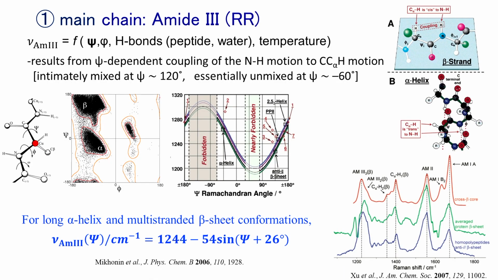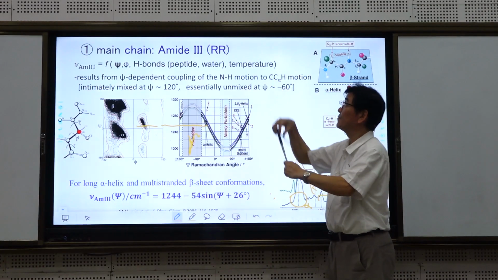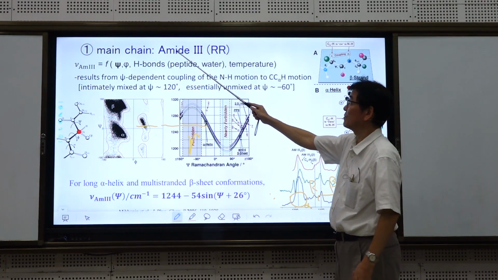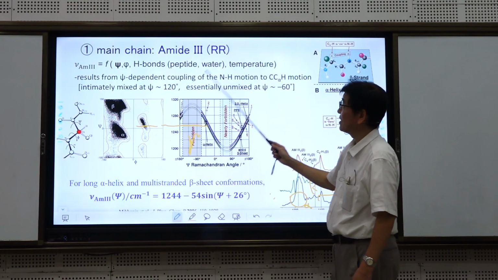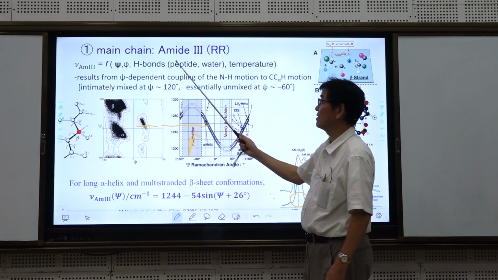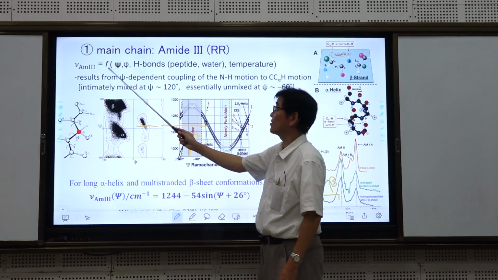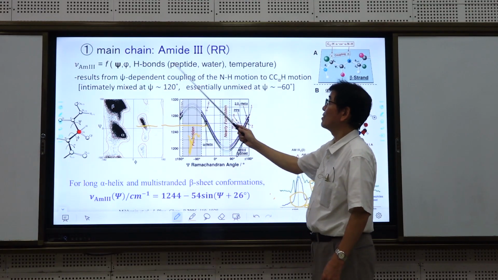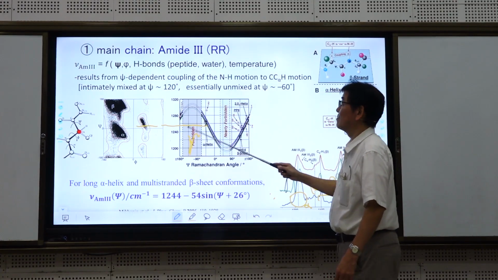Amide 3, I explained, is the NH bending plus CN stretching mode. And this peak position is studied in the resonance Raman spectroscopy, and it is considered that the frequency is a function of phi and psi and hydrogen bonding between peptide and water and the temperature.